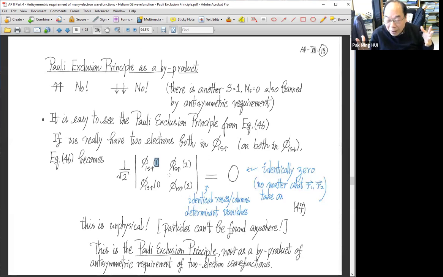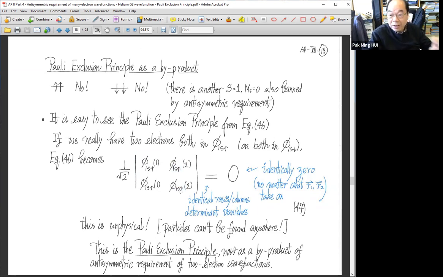You don't have any particles to play with. You have 2 electrons. All right? So something is wrong. It is unphysical. And it is because of this that it implies the Pauli exclusion principle. This is not allowed. Or simply put, in the Slater determinant, you cannot have 2 single particle states being the same. You can easily generalize it to 3 particle, 4 electron Slater determinants. We will do that. I will show you later.